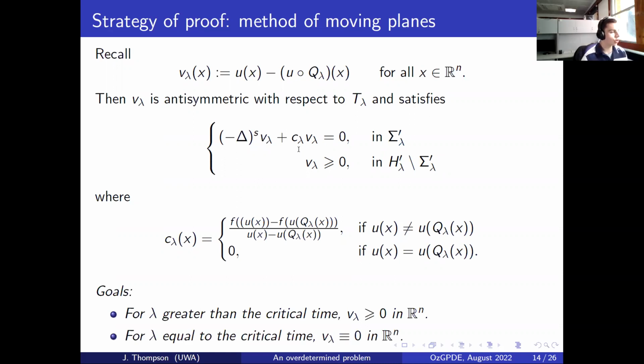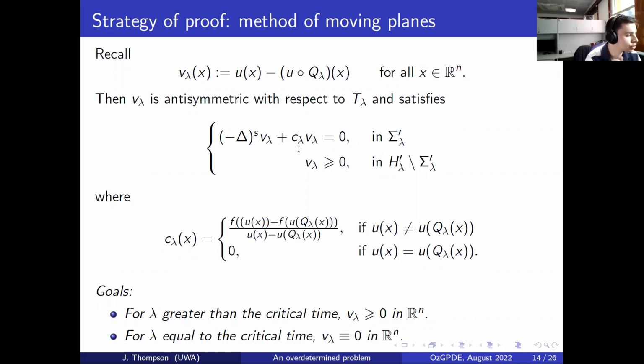And basically we have two goals. First of all, when lambda is greater than the critical time, so when I say the critical time, this is the value of lambda where one of either case 1 or case 2 occurs.